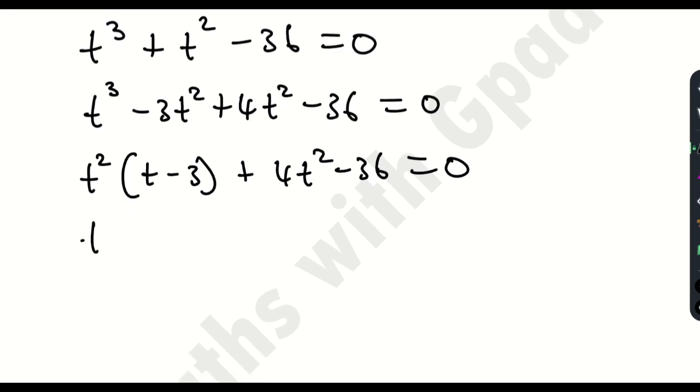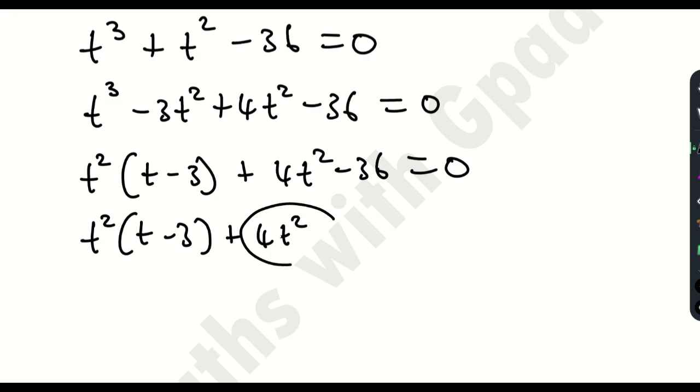See what I mean? So let me write t squared, bracket t minus 3, plus 4t squared. Give me something. When I subtract it from this 4t squared and I factorize, I will get t minus 3 in the bracket. It is what? Minus 12t. If you factorize this, you are going to have 4t bracket t minus 3. You see that?